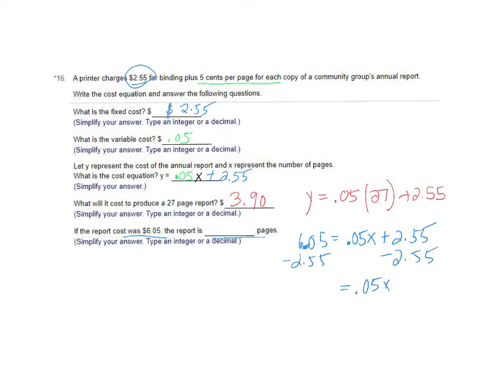And so we have $6.05, and we're going to subtract $2.55. And that'll give us 3.5. If we divide that then by 0.05, that is going to give us that x would equal 70. And so that would be 70 pages.